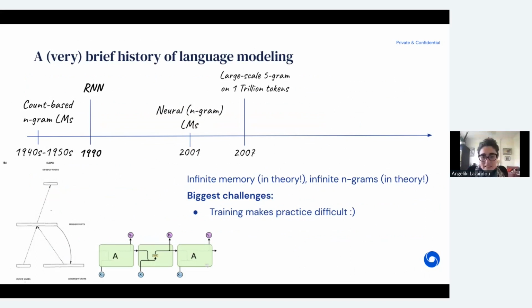However, in practice, the training of this magic model turned out to be quite difficult, especially the longer the context became. The reason is that if you unroll the RNN, it is essentially a very, very deep neural network.